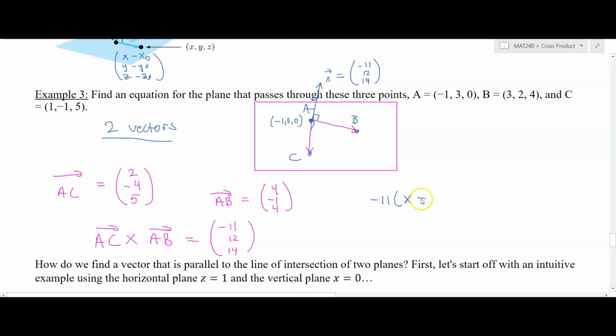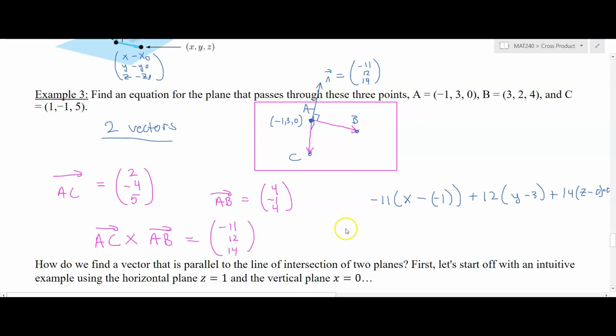So that's going to be x minus negative 1, plus 12, it's our b, times y minus y naught, which is y minus 3, plus the c component, which is 14 times z minus 0. And we know that that dot product equals 0, since this vector is perpendicular to the plane.